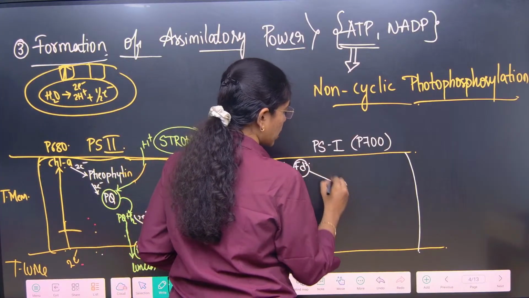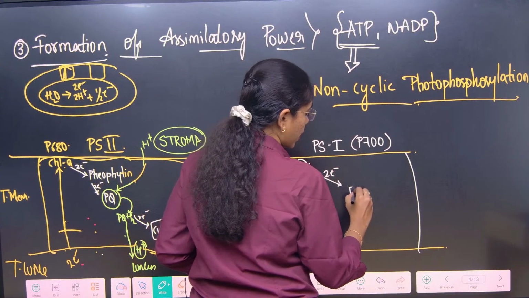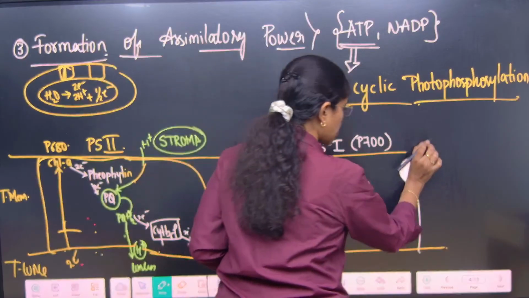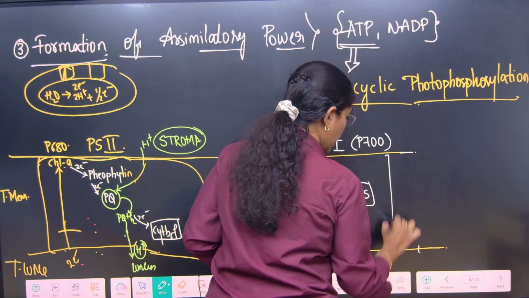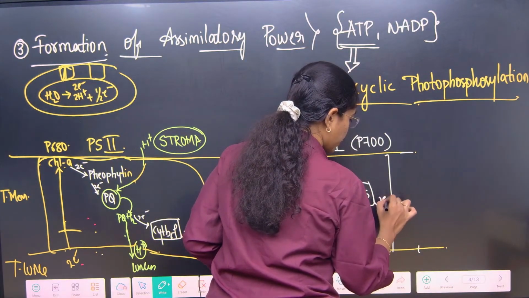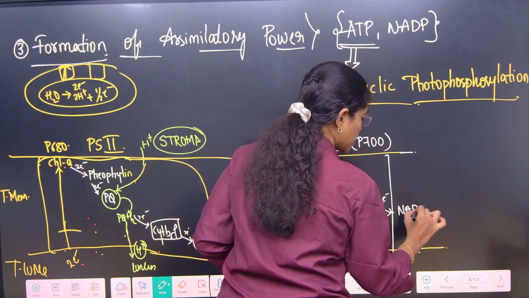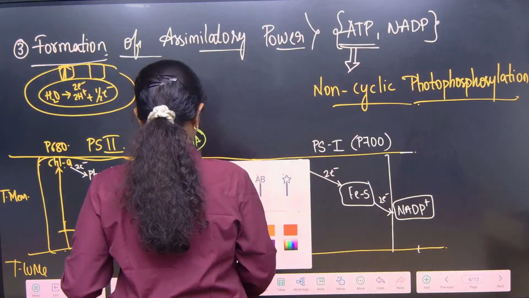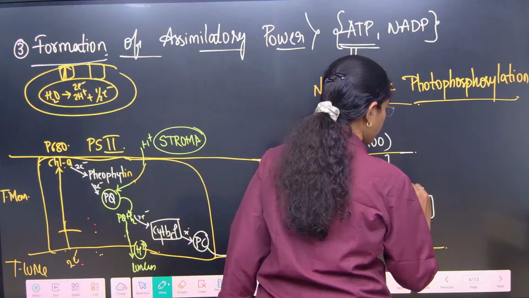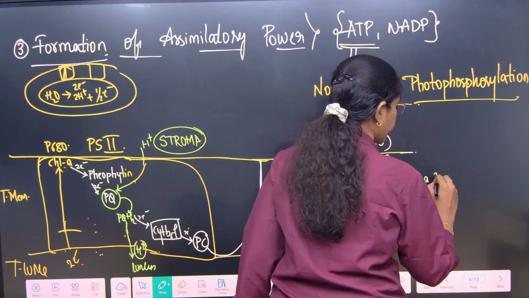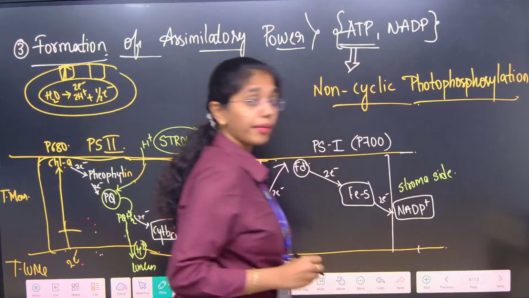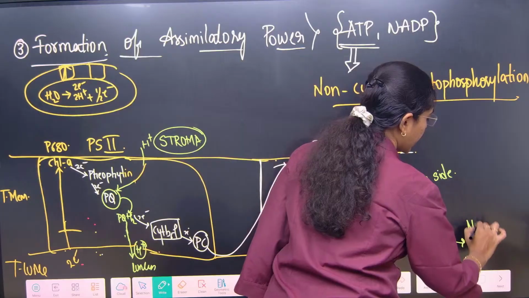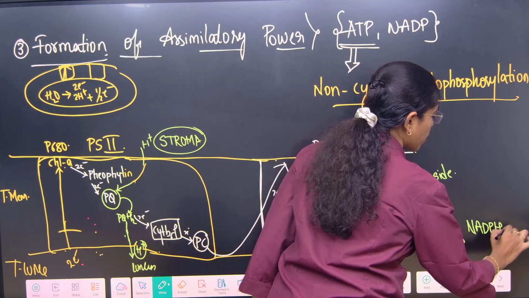From ferredoxin, the electrons are submitted to the ferrous sulfur complex. From the ferrous sulfur complex, electrons are given to the ultimate electron acceptor, that is NADP+. NADP+ is present on the stroma side of the thylakoid membrane, wherein NADP+ is reduced to NADPH plus H+.